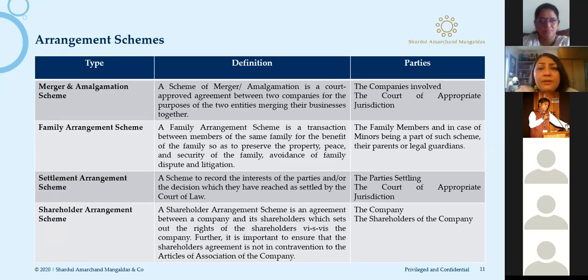For example, say a shareholders arrangement. Why shareholders arrangement? Because there may be different people with different interests. Some people may be investors, some people may be promoters, and if it's a listed company, it could be just the public at large.